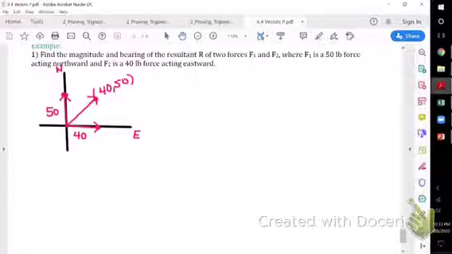Alright, so let's talk more about this resultant vector. It's the two forces F1 and F2 added together, so vector R is equal to F1 plus F2. What do we know about force 1?